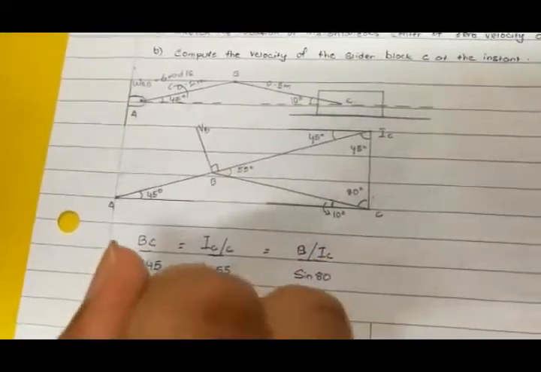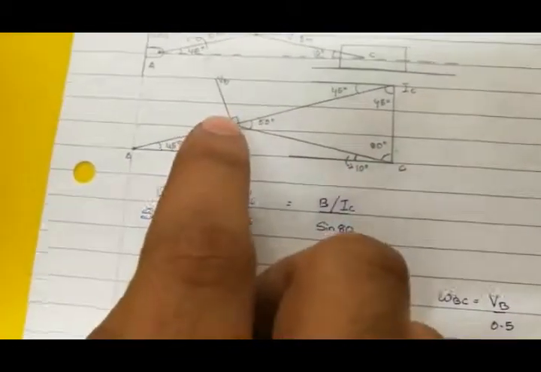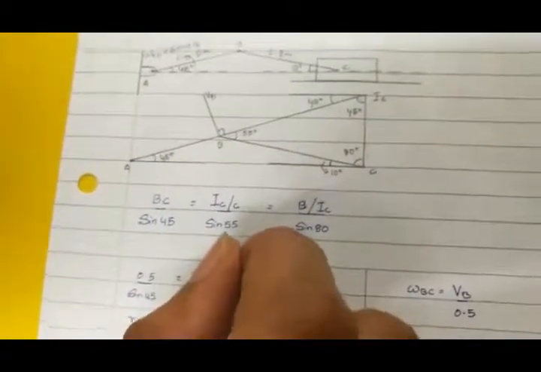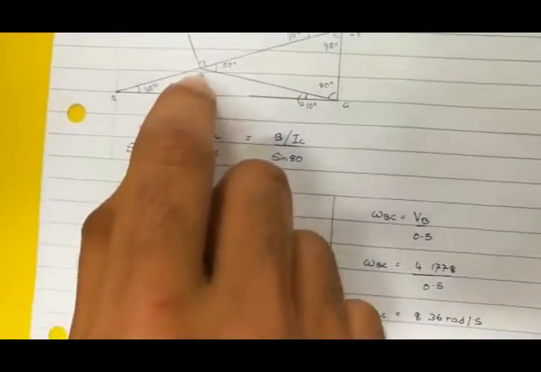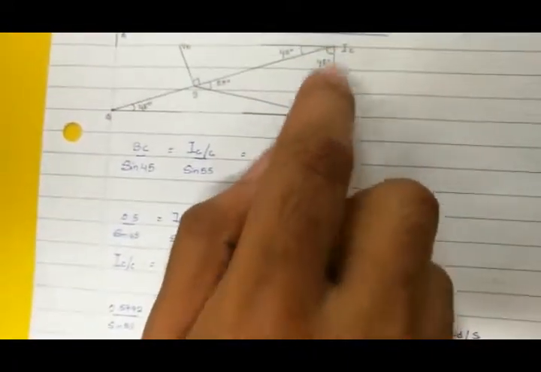From this data we have collected, we can use the cosine trigonometry rule, which is actually the sine rule, to find the length from B to IC and C to IC.